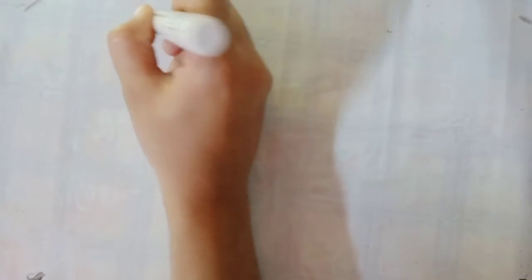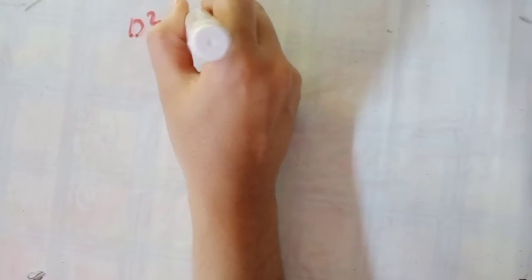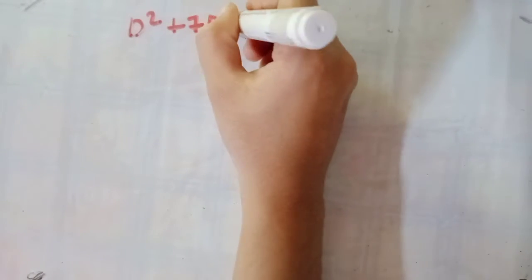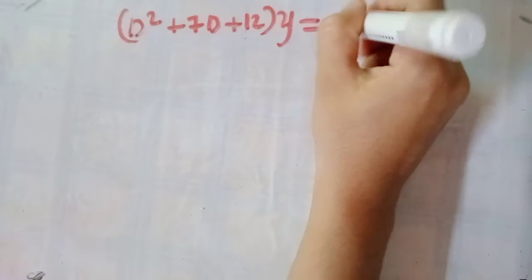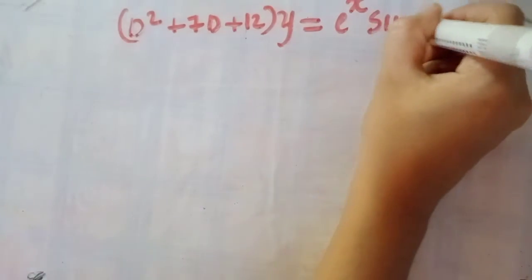The problem is very simple. We are considering D square plus 7D plus 12 into y is equal to e raised to x sine 2x.